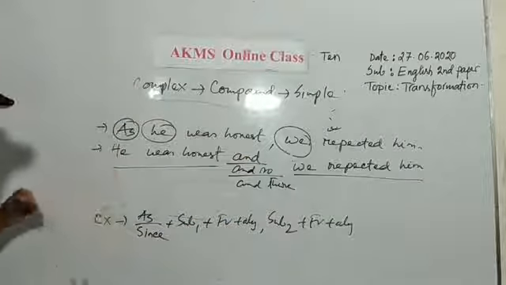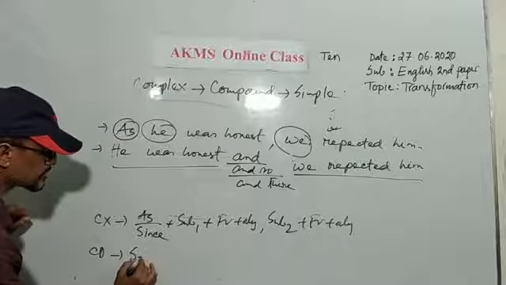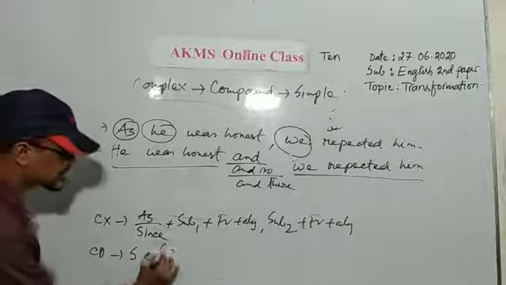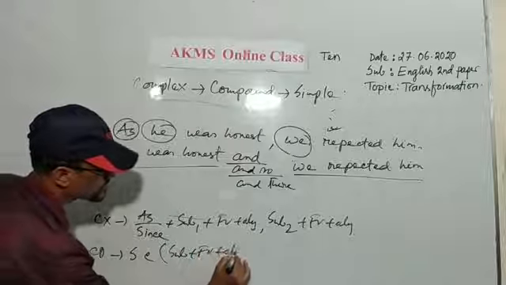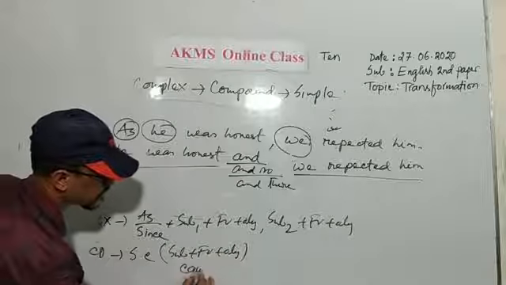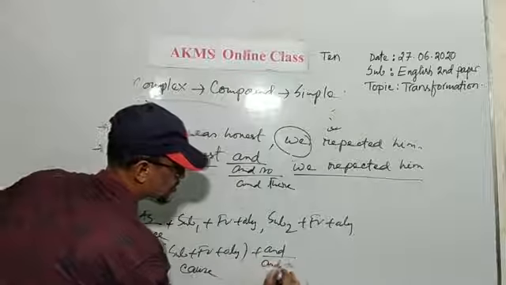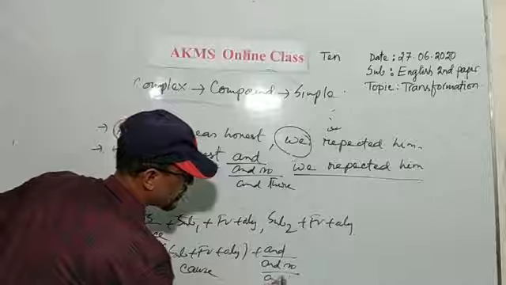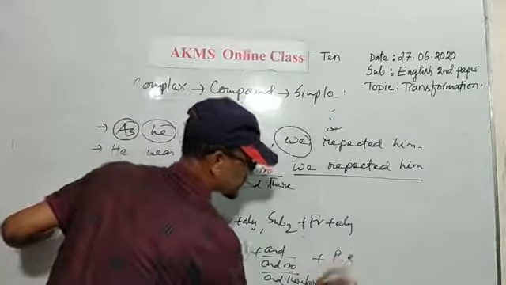So, what have I done for a compound sentence? I have used the subordinate clause first. That means subject, finite verb and object, and it will express the cause. Then I will use and, or and so, or and therefore. Then you should write the principal clause.